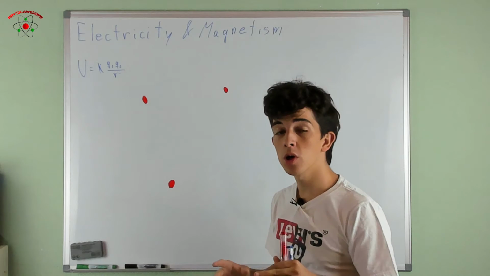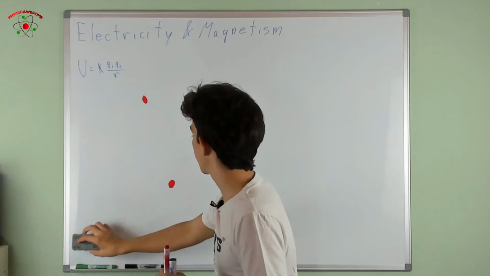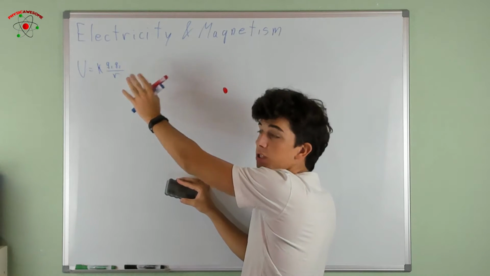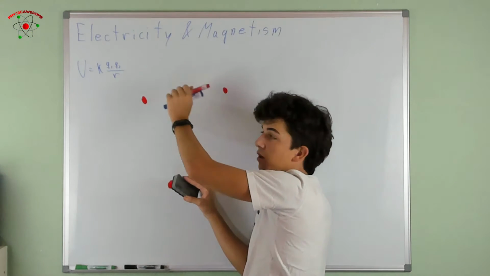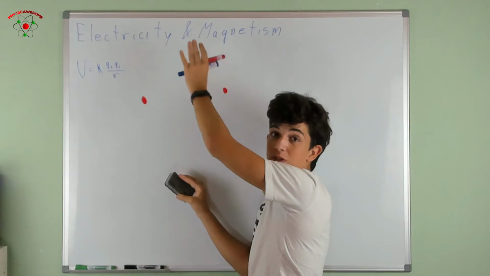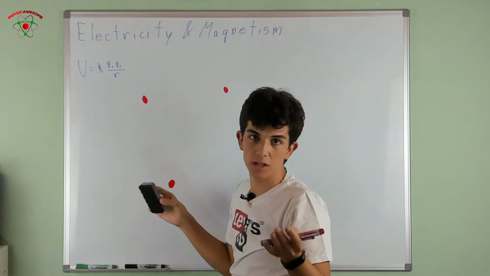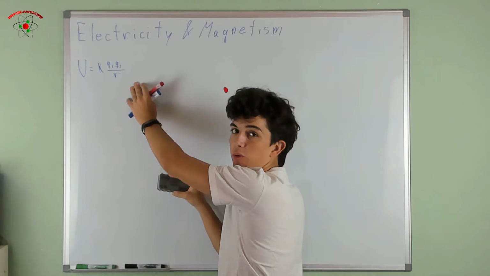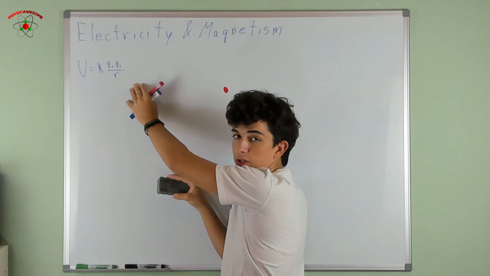So first of all, we would imagine that there's nothing over here and nothing over here, and we just bring this charge from infinity, and that takes us 0 work because really there is nothing else interacting with our system, so 0 work to bring our first charge.